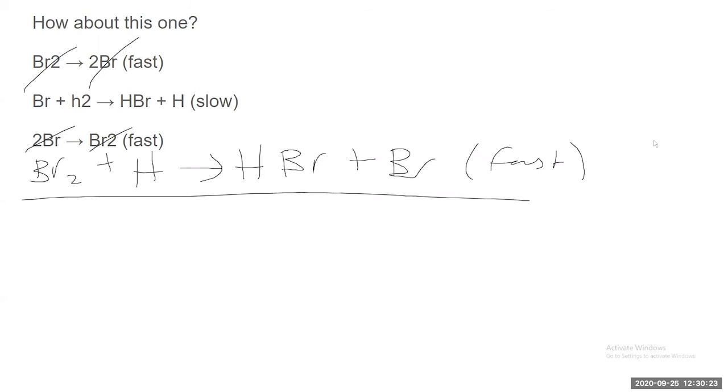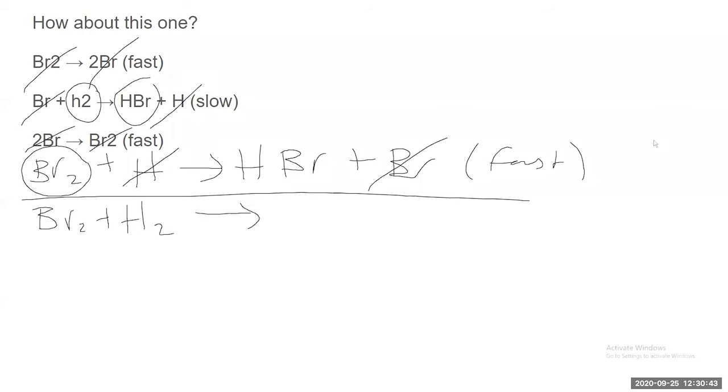We can also cross out Br and Br, and cross out H and H. We're left with Br2 and H2, which ends up being HBr and HBr. That's 2 HBr. Okay, so let's look at this slow reaction.